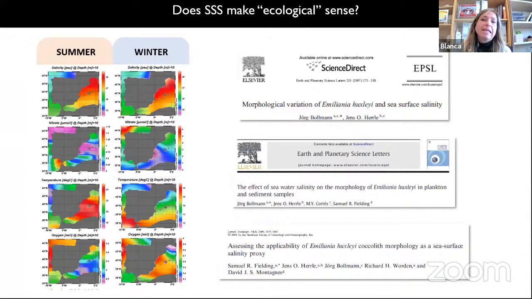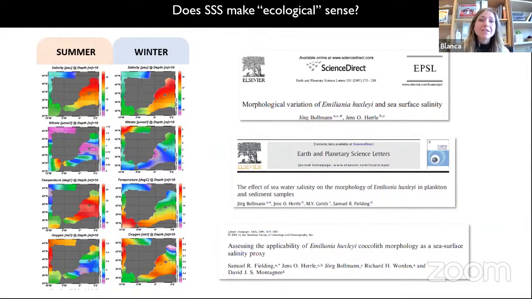But you might be thinking, is sea surface salinity ecologically plausible? One would expect, or at least we were expecting, to find nutrient concentration or temperature to be the strongest variable, but we found surface salinity. And statistical results mean very little if they are not supported by true ecological relationships, right?